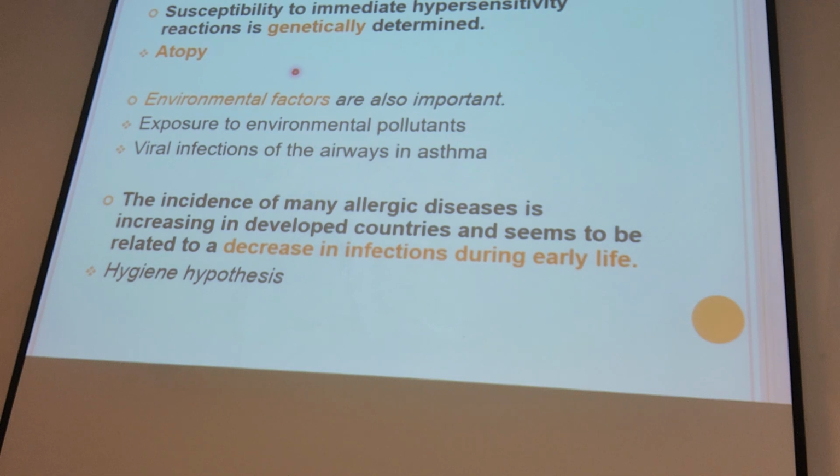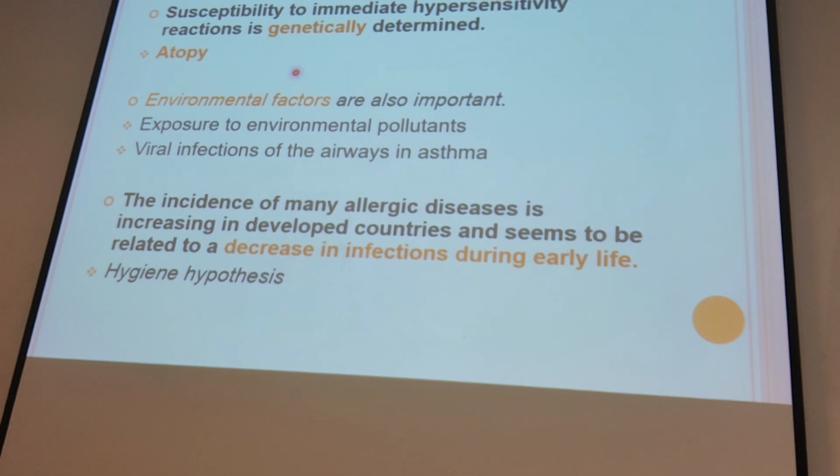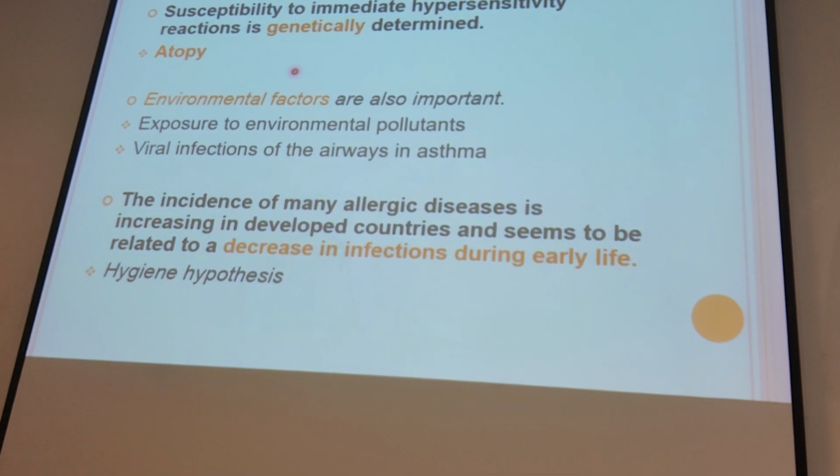We have met some people who are allergic to, for example, pollen, but others are not allergic. Yes? Because some people have certain genes that make them allergic to different allergens. Okay? So, this is called atopy.